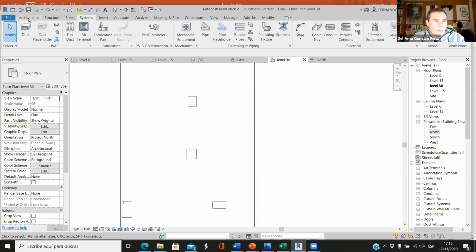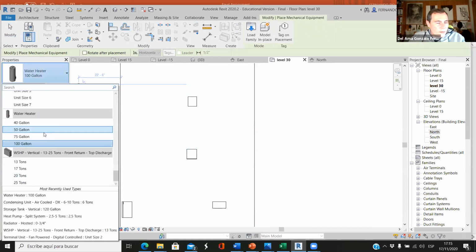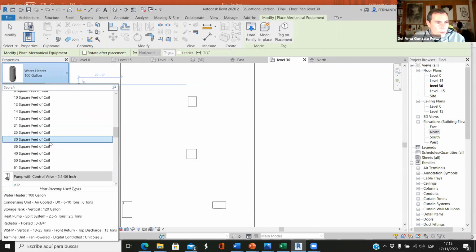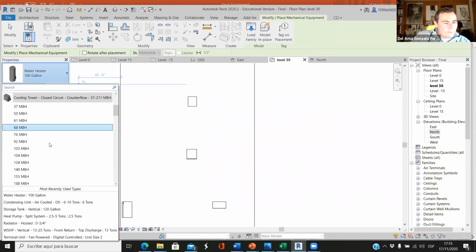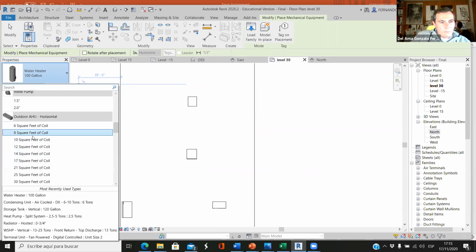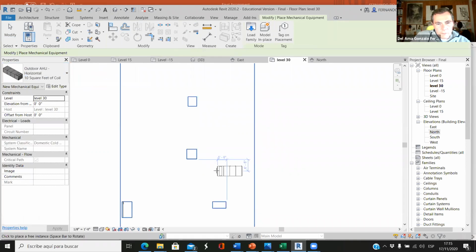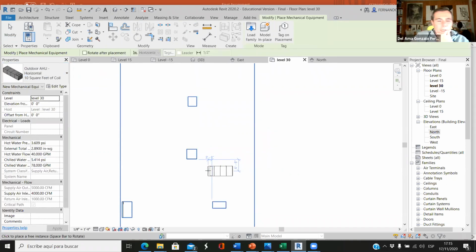So if we place the mechanical equipment, where is the air handling unit? Here, air handling unit, 10 square feet, I think should be enough. And now how do we place this?